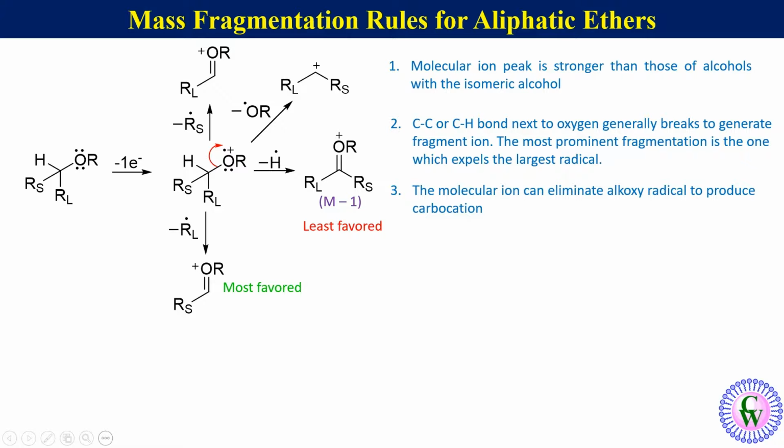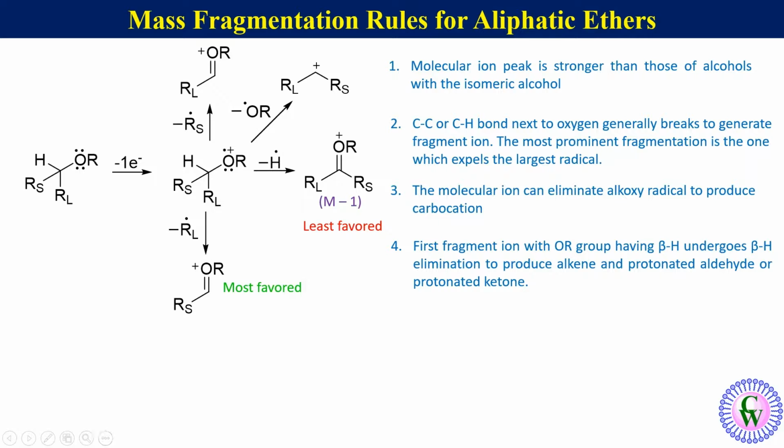Fourth rule, if O-alkyl group of the first fragment ion has beta H, then there is elimination of beta hydrogen to produce alkene and protonated aldehyde or protonated ketone.